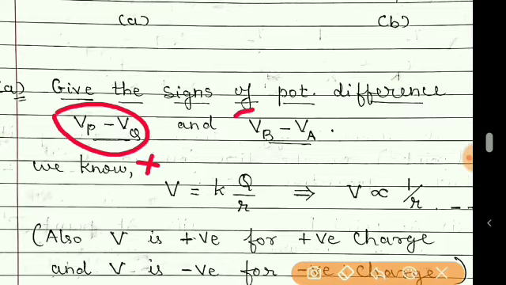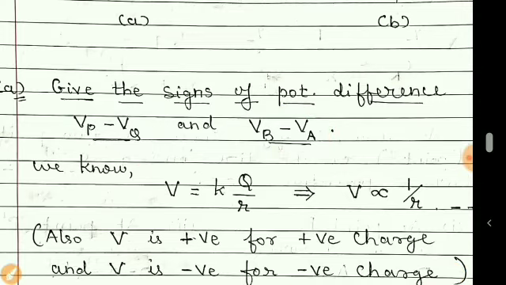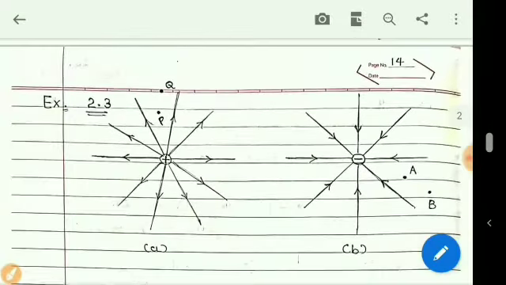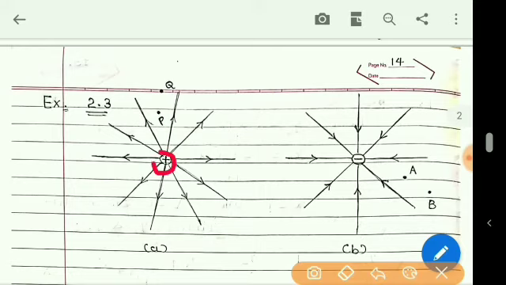Now about VB minus VA. Will it be positive or negative? Once again, let us see the figure. Now here the charge was positive, and so this potential was larger and this was smaller. So larger minus smaller, the sign will be definitely positive.